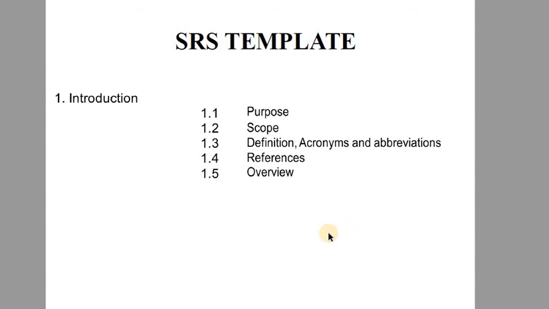So this is the standard SRS template. The first section should be the introduction: purpose of the proposed system, scope of the proposed system, some definitions, abbreviations, references, and an overview of the proposed system. So introduction means introducing the proposed system: what is the purpose, scope, definitions, some references, and overview.